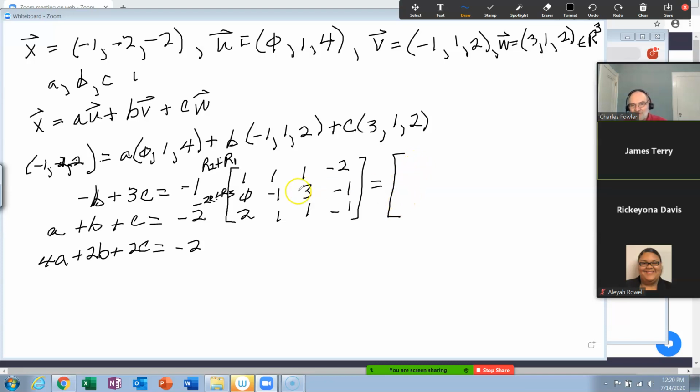Let's do this one first. Negative 2 times row 1 plus row 3. And that will give you a 0 here. Negative 1 there. Negative 1 there.